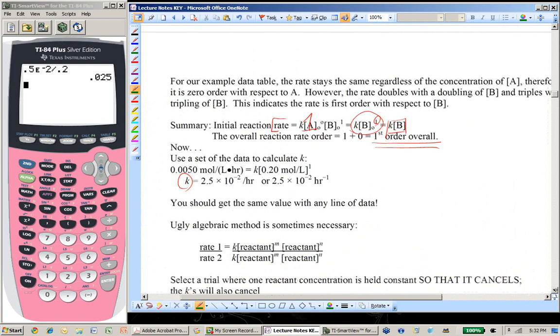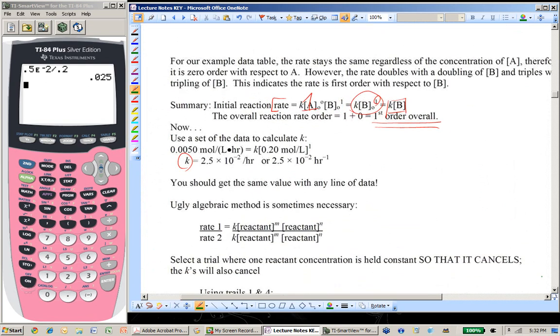But with minutes, it's MIN. Okay, so indeed, that's what we got. 2.5 times 10 to the minus 2 is the same as 0.025. You're scientific notation literate. All right, so you're going to get the exact same value with any line of data. And that's the exercise I would have put you through in class, is we would have been in different groups.